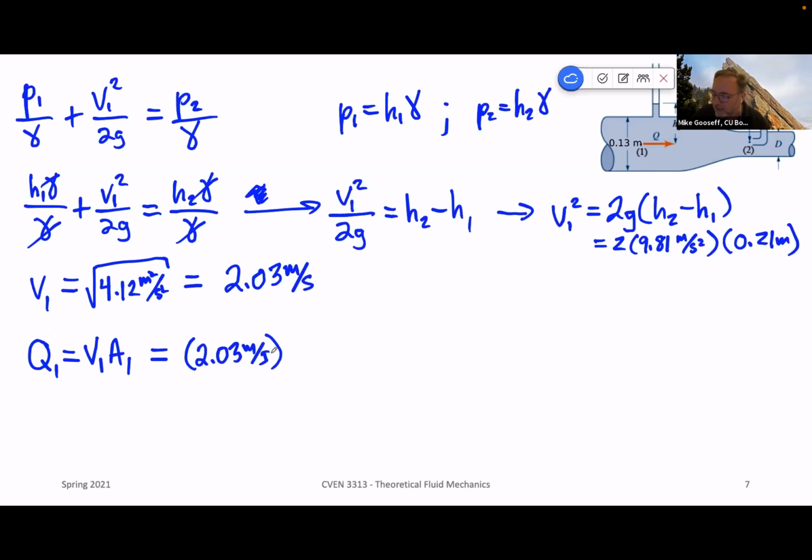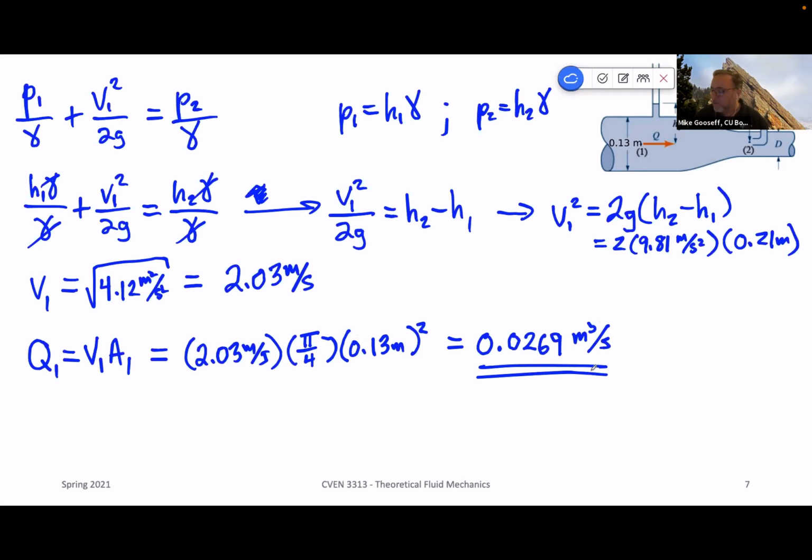And then we've got the area of a circle here for our pipe, which would be pi over 4 times the diameter squared, so 0.13 meters squared. And that comes out to be a pretty small flow, 0.0269 cubic meters per second.